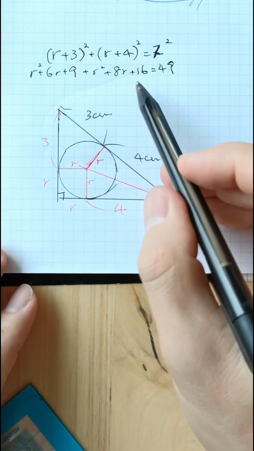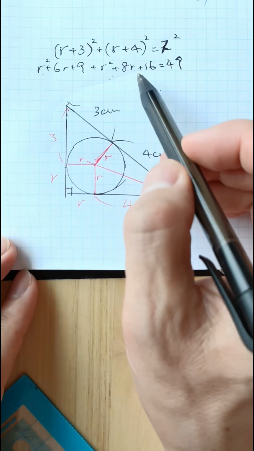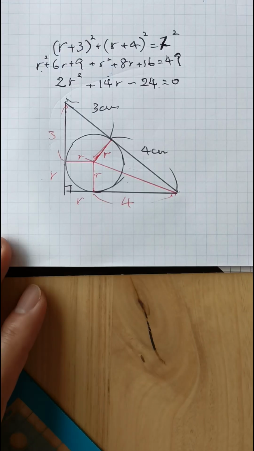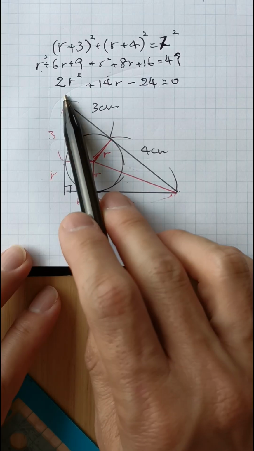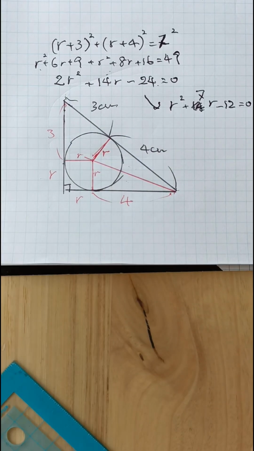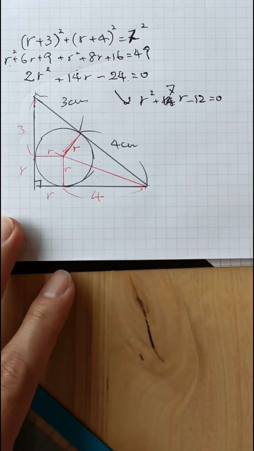Then next, you add the like terms and then move this one to the left. Then you can divide by 2 on both sides. So R squared plus 7R minus 12 equals 0.